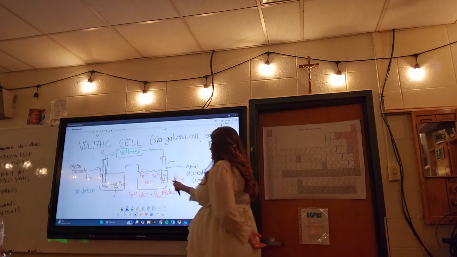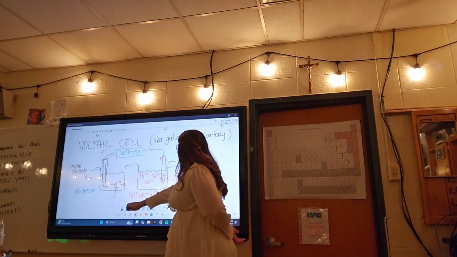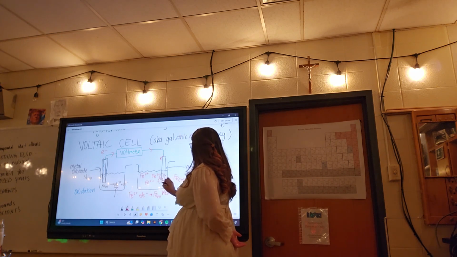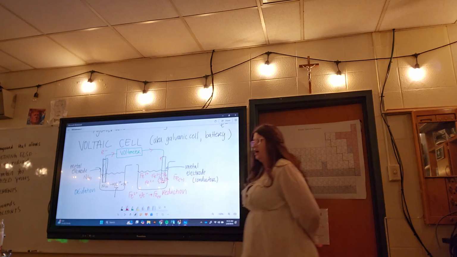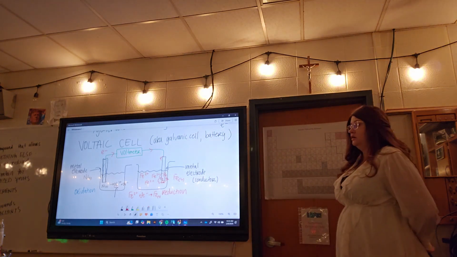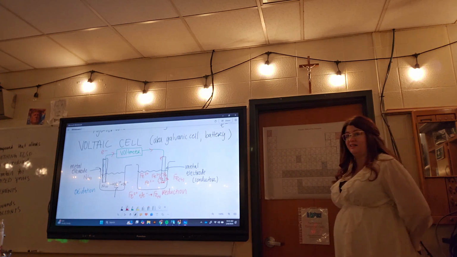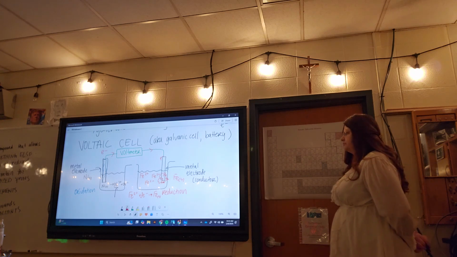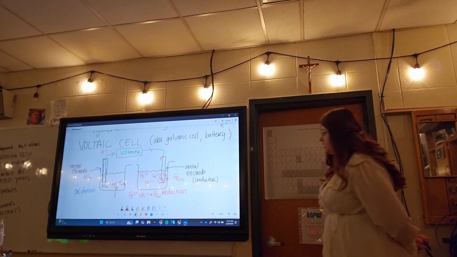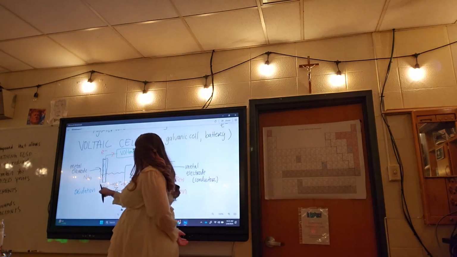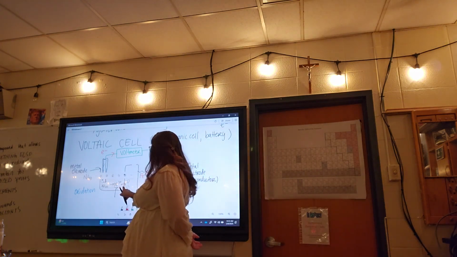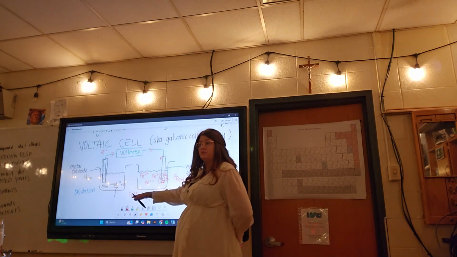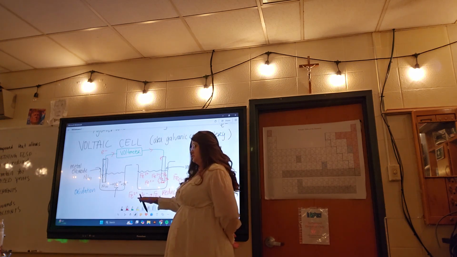On the other side, this iron electrode will gain mass, and so it'll look like there's a growth on that electrode because ions from the solution now have turned into solids, and they conglomerate or form onto the metal electrode. So here I'm showing that my substance is oxidized because it gave away 2 electrons. Here on the reduction side, I'm showing that the substance was reduced because it picks up these 2 electrons.